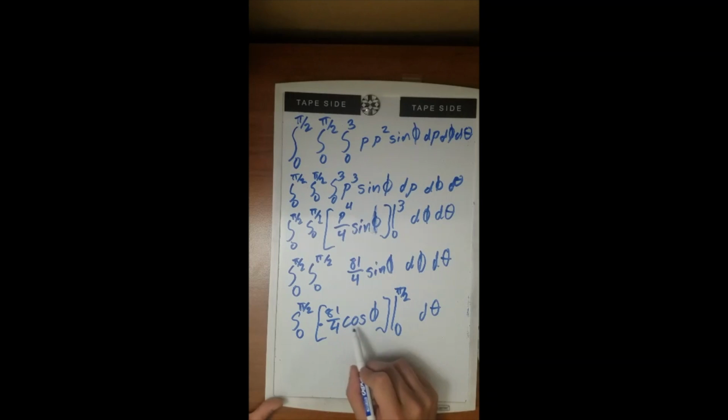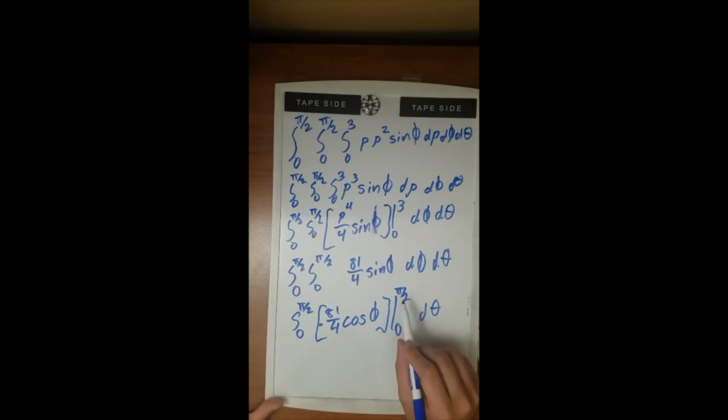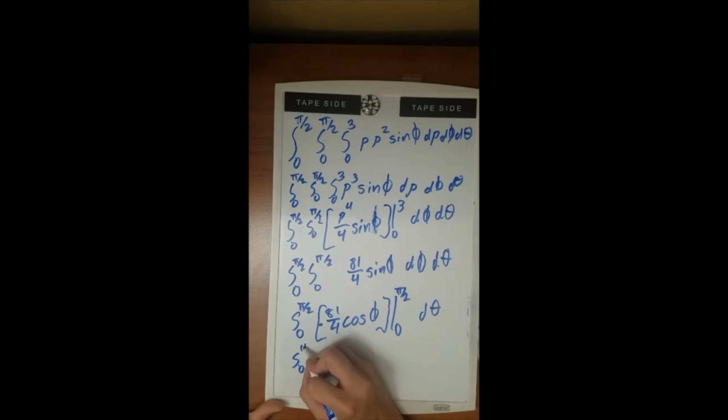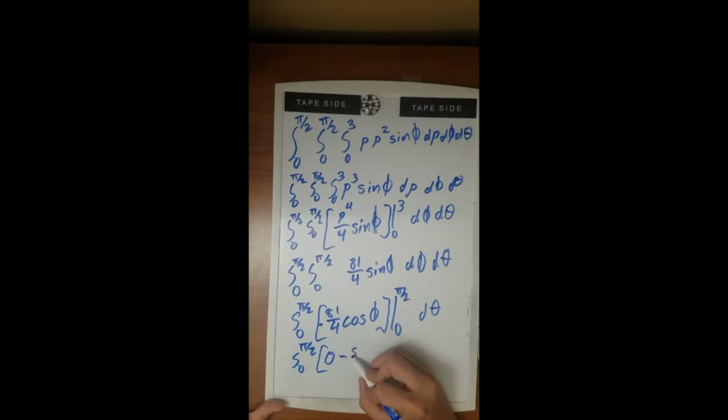Now, cosine of 0 will be 1 and cosine of pi over 2 will be 0, so we actually end up with 0 to pi over 2 of 0 minus negative 81 over 4 times 1, so just 81 over 4 d theta.